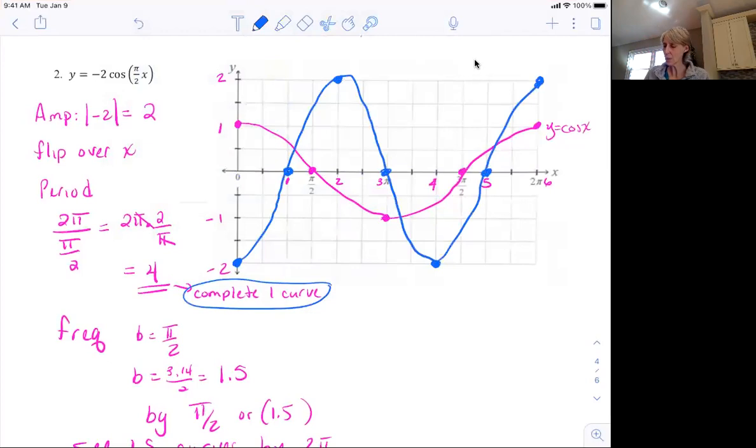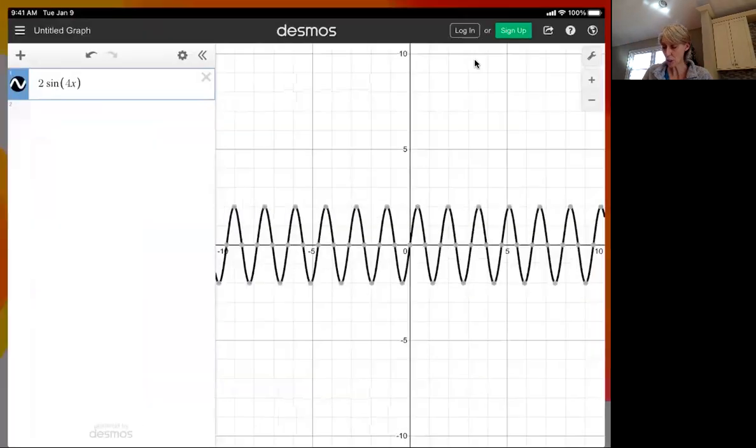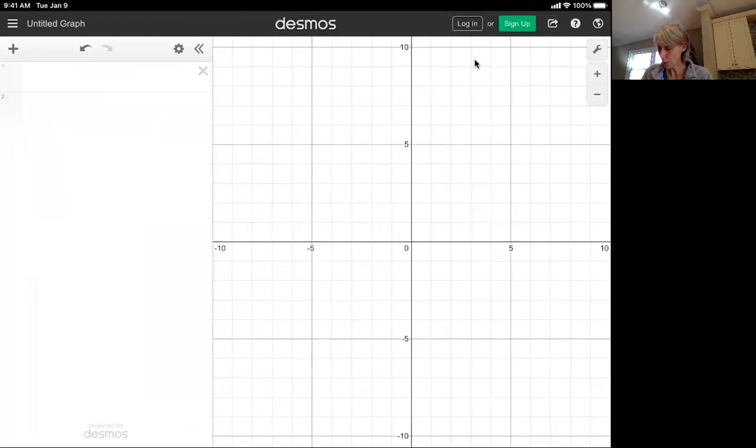So this is a little bit of a weird way to graph, okay, but it's just to get you guys seeing the repetitiveness of it and how everything connects together. Again, if you're a little bit confused, if you're not sure you did your work right, go right over to Desmos or whatever you want to use.